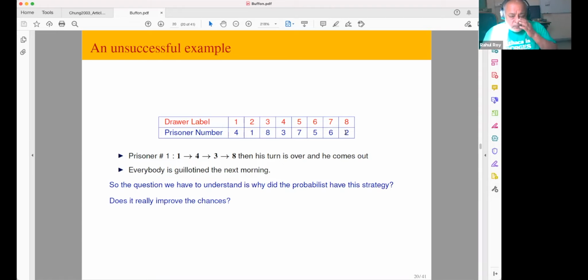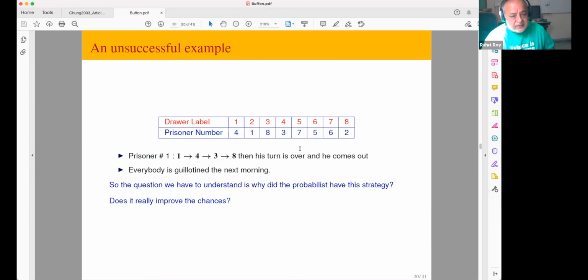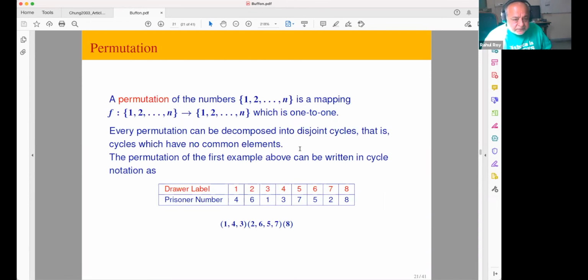So we'll have to understand what this strategy means and how it improves the chances that the prisoners will survive. As I told you, there was a successful example and an unsuccessful example.